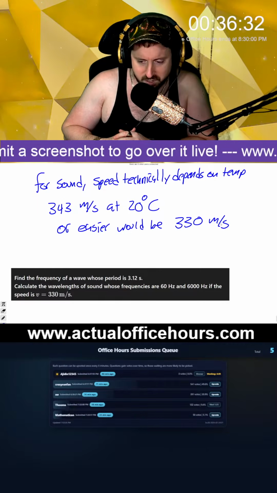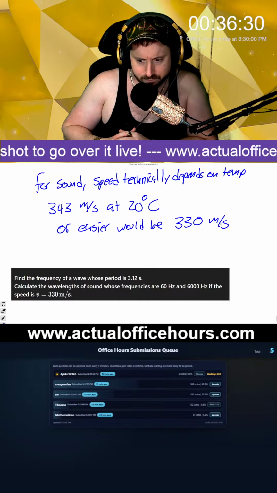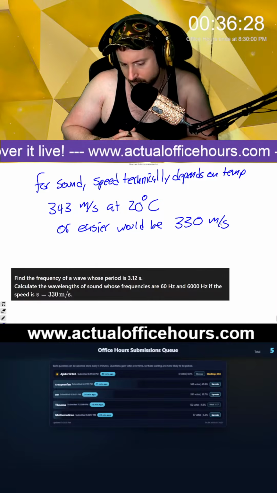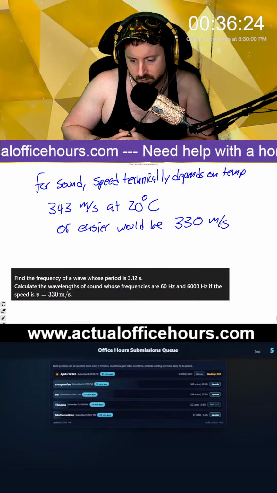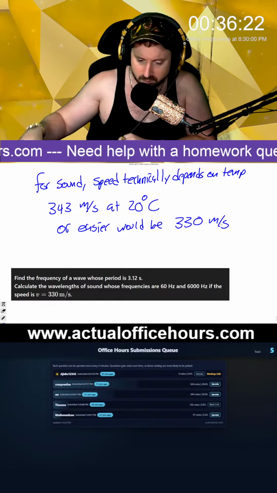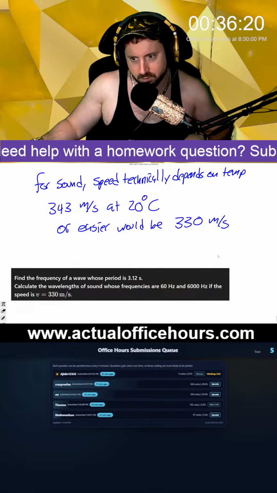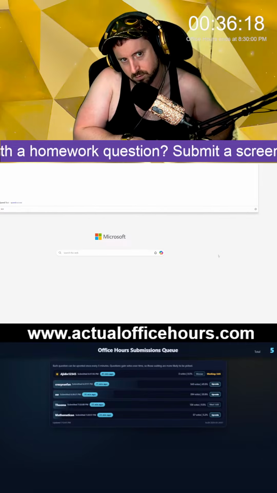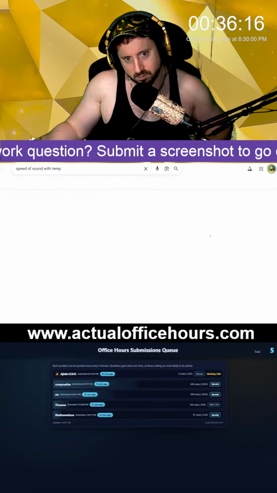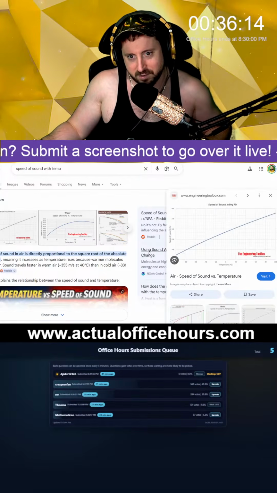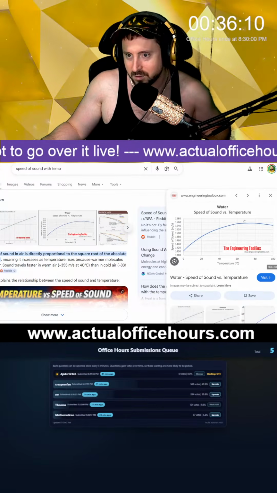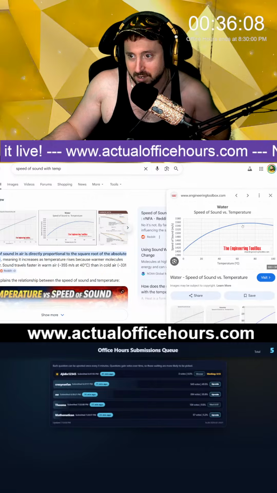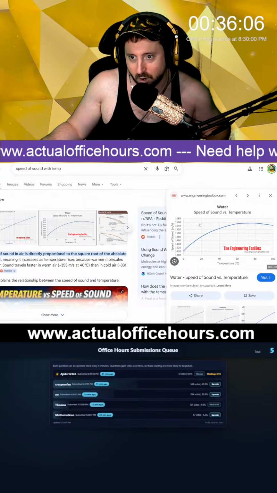I want to say the speed of sound increases with temperature, right? Yes, because the particles move faster. I was asking ChatGPT to figure out what the speed of sound would be, and it's proportional to the absolute value. Okay, yeah. Actually, interestingly enough, oh, that's in water.